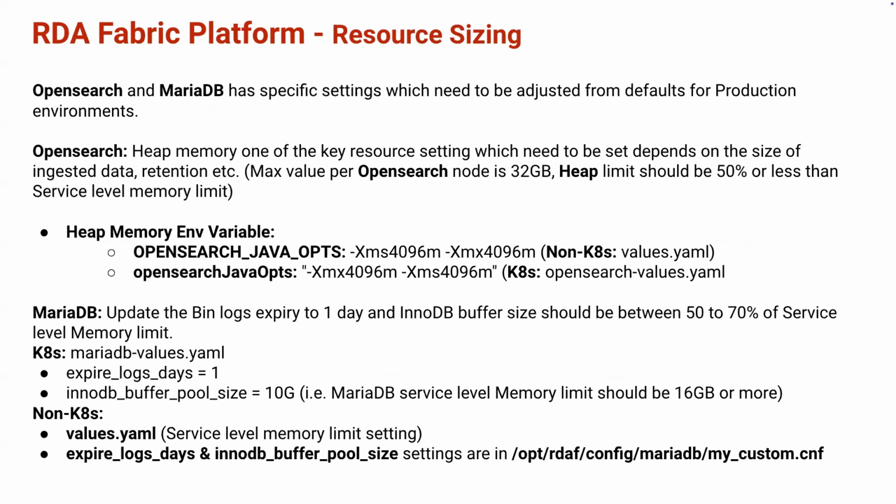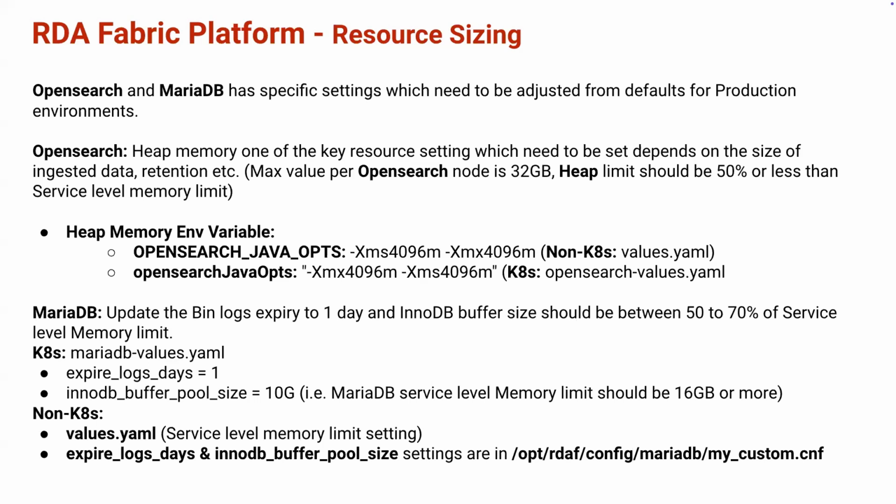Within our infrastructure services, two services have specific memory sizing settings which are very important, especially when running in production. OpenSearch has a component called heap memory. It's a Java-based application, and heap memory is the critical resource responsible for keeping track of all the search queries, indexing, and data processing within the database layer.